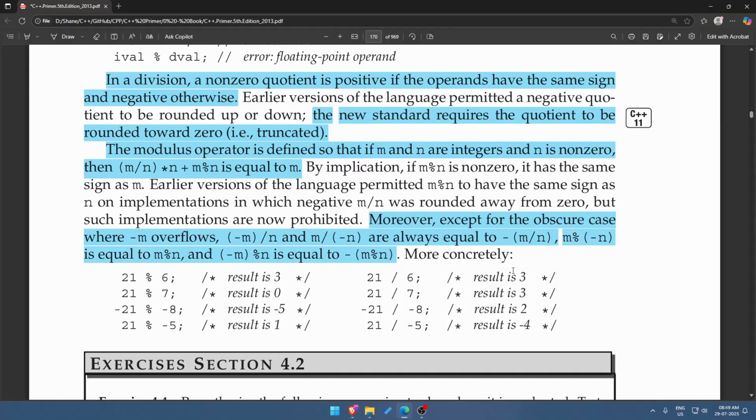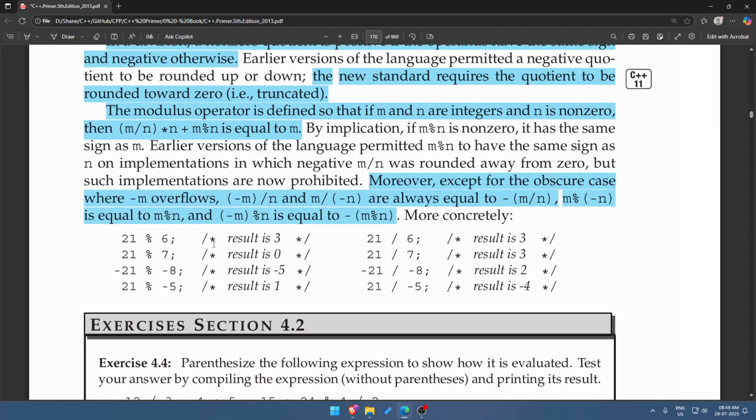So we can say more correctly, okay, this is 3, right, and division is also 3. This mod is 0, okay, division is 3. Okay, both have negative signs.